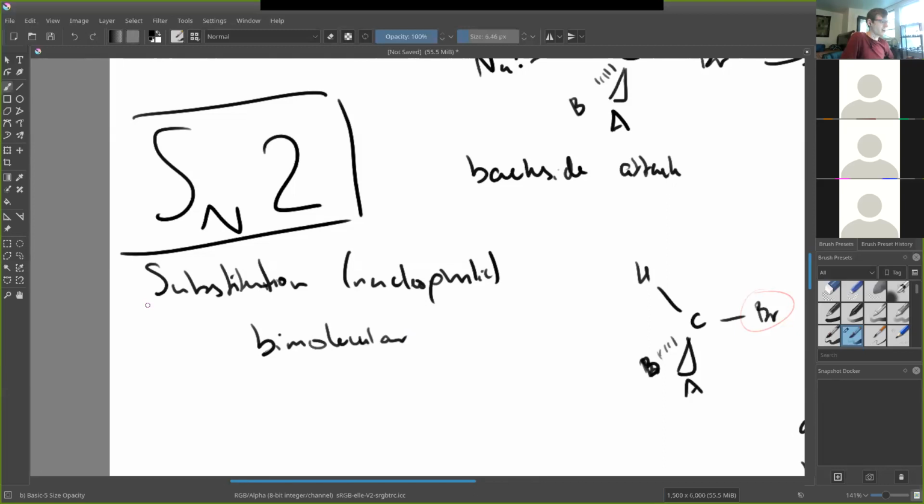Okay, so there's the S, there's the N, and that's where the 2 comes from. It's a kind of convoluted name. SN2 is a lot easier and nicer to go with, right? So this is what an SN2 reaction looks like.